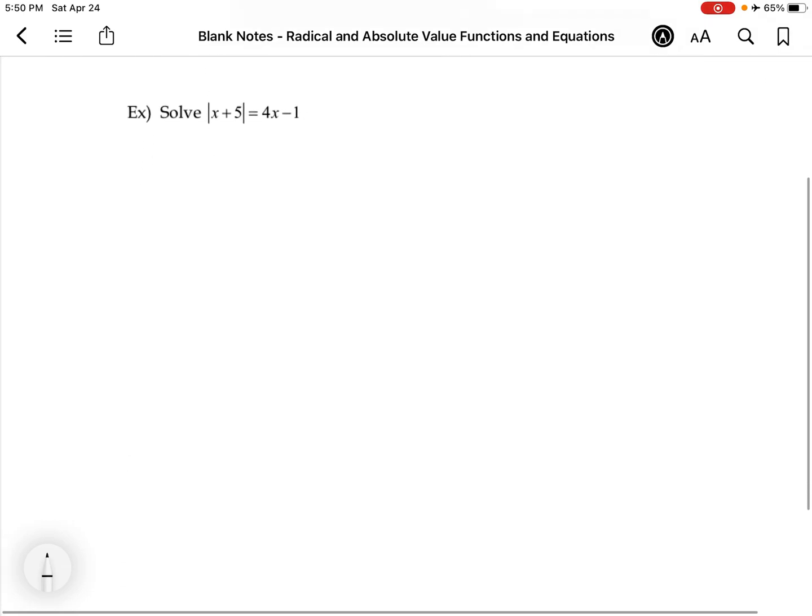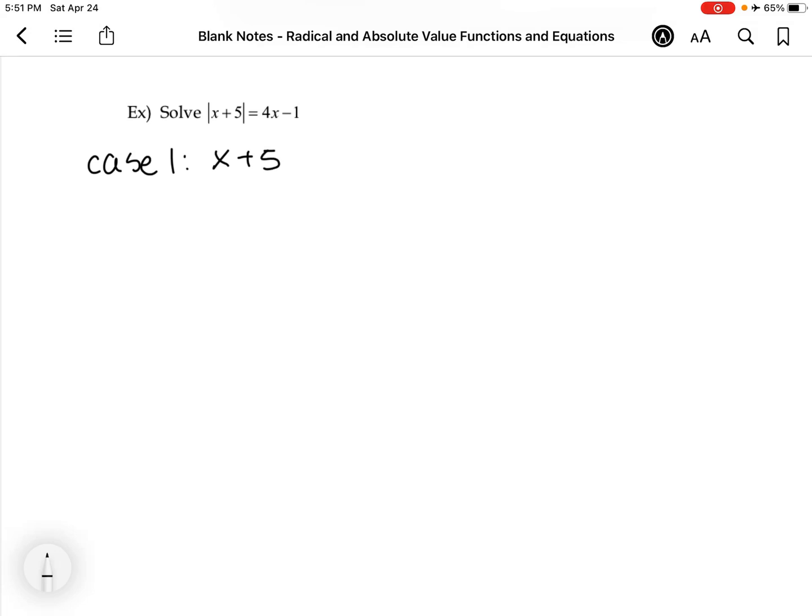We have the absolute value of x plus 5 equals 4x minus 1. Okay, so the first possibility is that the x plus 5 is positive. And if that's the case, then all we're going to have is that x plus 5 equals 4x minus 1.